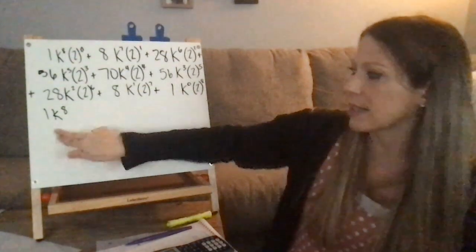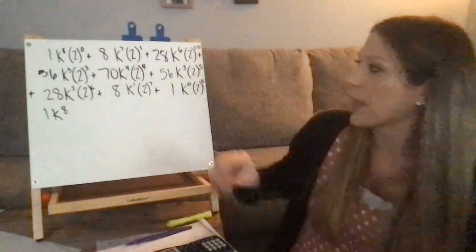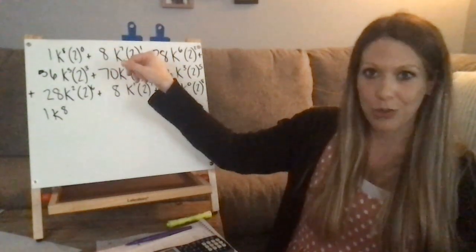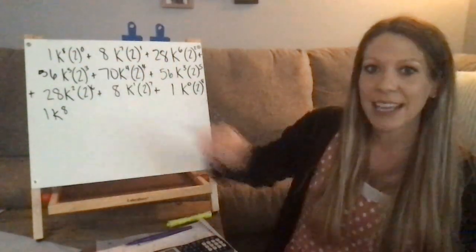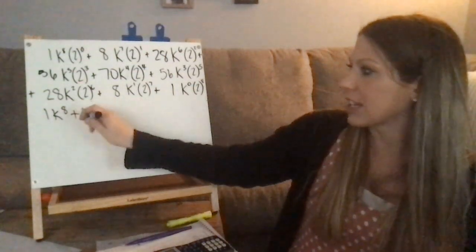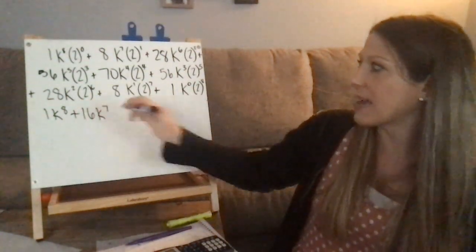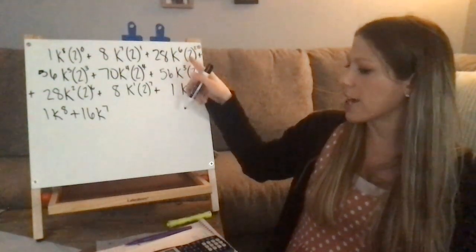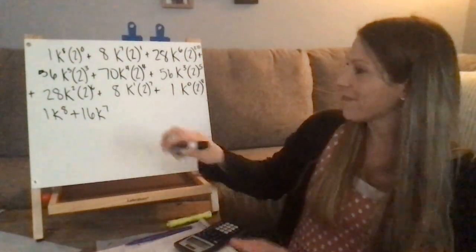I'm going to erase this because we're going to run out of room here. Here we have 2 to the 1st power, 2, times the 8. So we're going to have our second term, 16 k to the 7th. Here we have 2 to the 2nd power, 4, times 28.